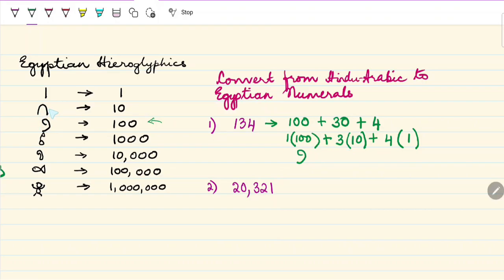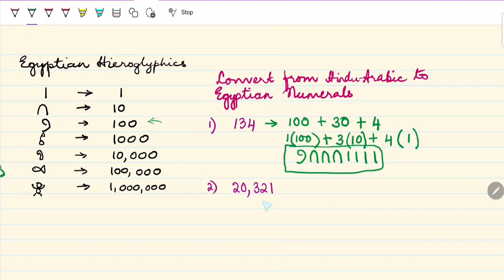So I need 3 of those. Each arch has value 10. So I'm going to put 3 arches, 3 10s, and then we have 4 1s. What is the symbol for 1? This vertical staff or the vertical line. We need 4 of those, so 1, 2, 3, 4. And that is our Egyptian numeral, which is the equivalent of 134. All right?